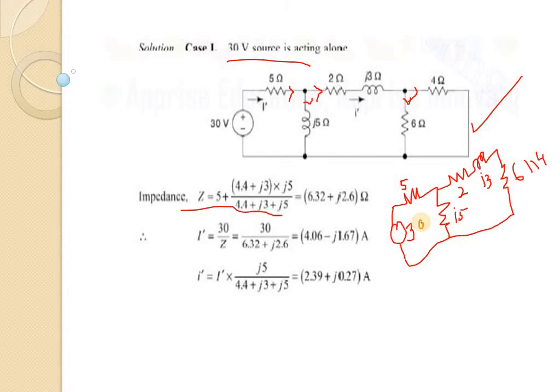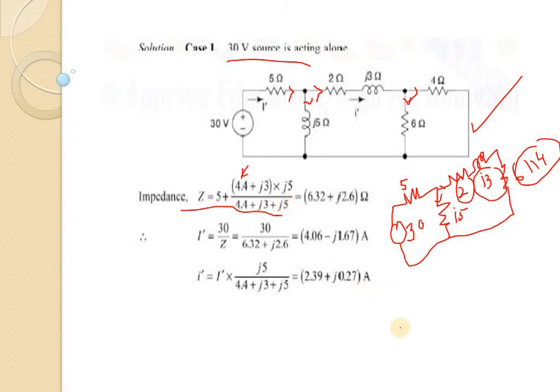By calculating these two, we get 6 into 4, that means 24 divided by 10, that means 2.4. Now we add this 2.4 plus 2, that means 4.4, which is written here, 4.4 plus this J3. These three are in series. So the total impedance of these three is 4.4 plus J3, and again this is in parallel with J5, so (4.4 plus J3) into J5 divided by (4.4 plus J3 plus J5).